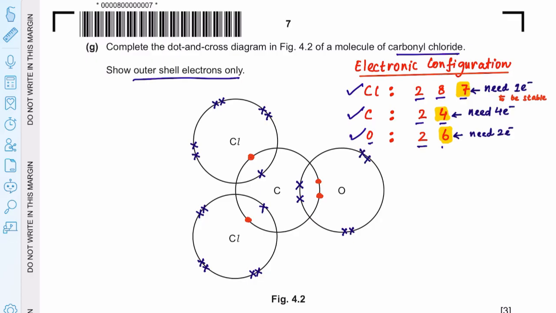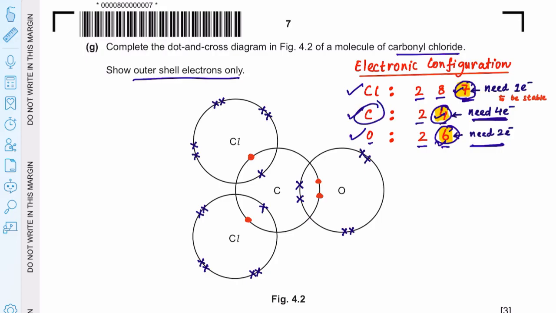So 7, 4 and 6 are the outer shell electrons, right? Now listen, 7 means it needs 1 electron to be more stable. 4 means it needs 4 electrons to be more stable. Outer 6 needs 2 electrons to become more stable, right?